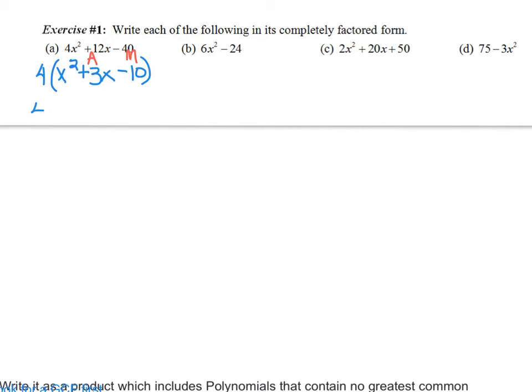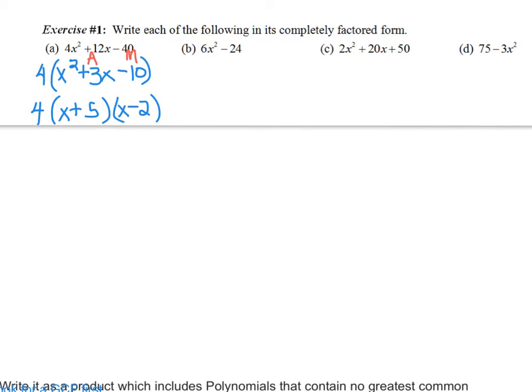So I keep the 4 as my GCF in front of my answer, and I'm going to write two binomials multiplied together. To get x squared, I have to multiply x times x. And when I think about the combination, I see that I want to have a 5 and a 2, so that 5 times 2 is 10, and 5 plus 2, well, actually I'm going to make one of them negative, so we're going to say a positive 5 and a negative 2.